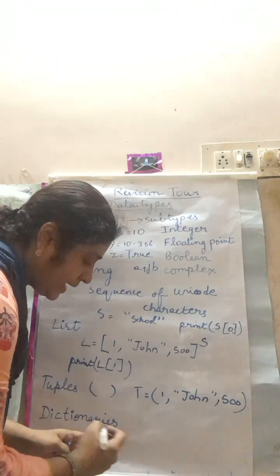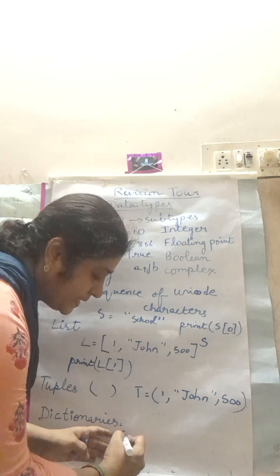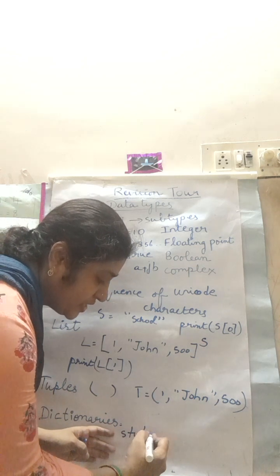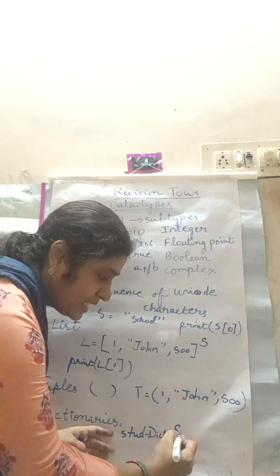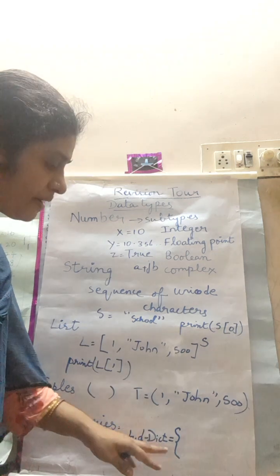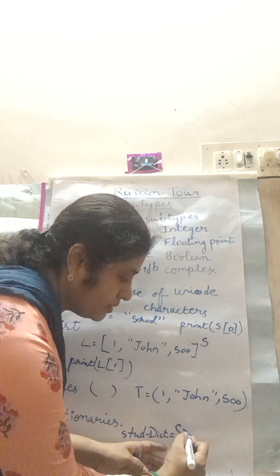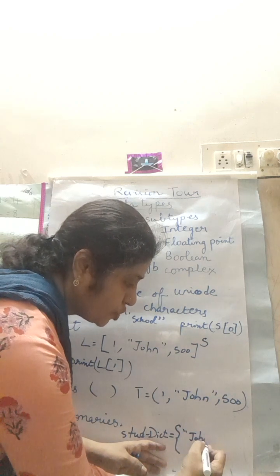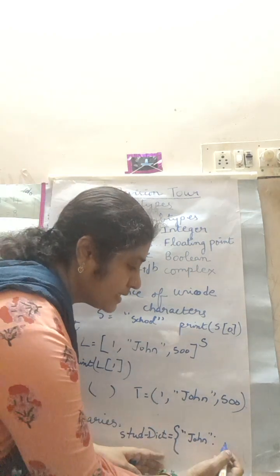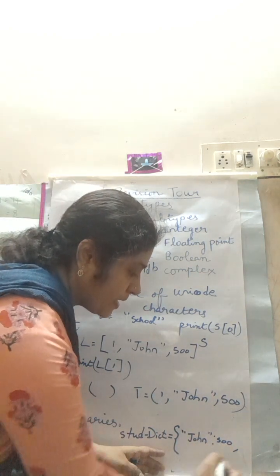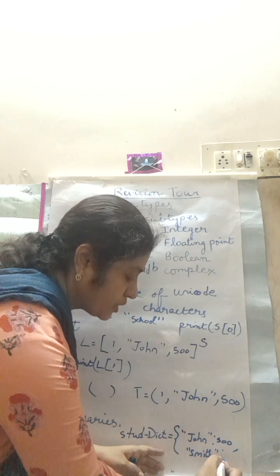For example, I can write a student dictionary, stud, equal to a pair of curly braces, with first John and his total marks 500, comma, Smith, his total marks 400.